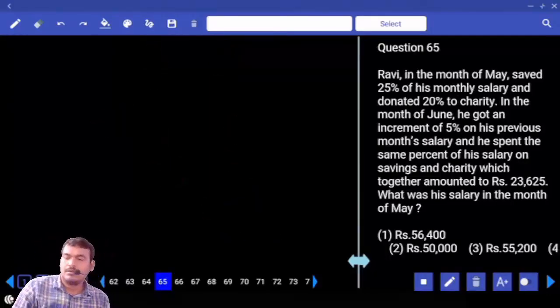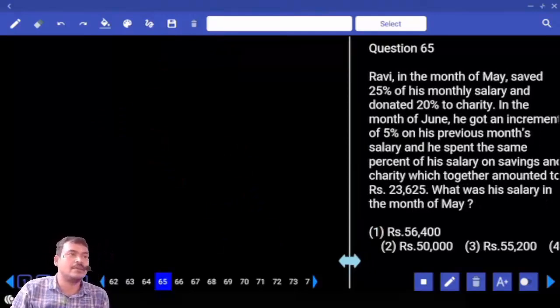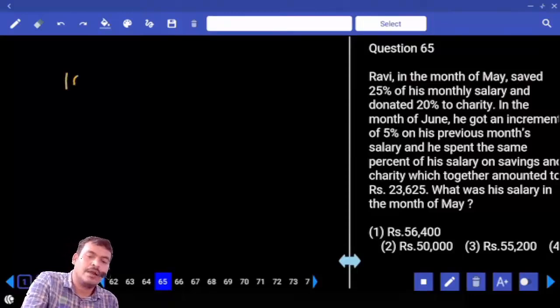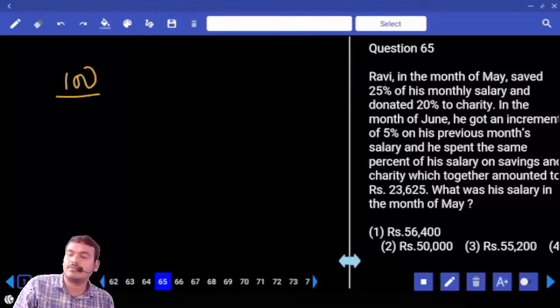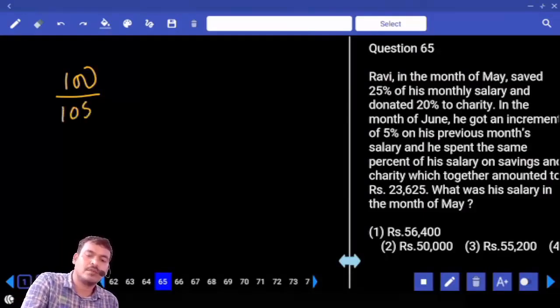Okay. Suppose we consider the May month salary as 100%. From May to June, how much percent did our salary increase? 5%. Then the June month salary is 105%, or not? 105%.